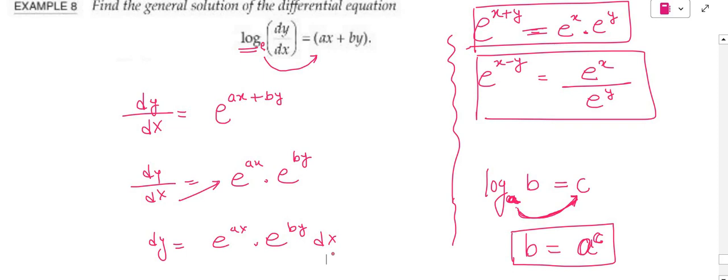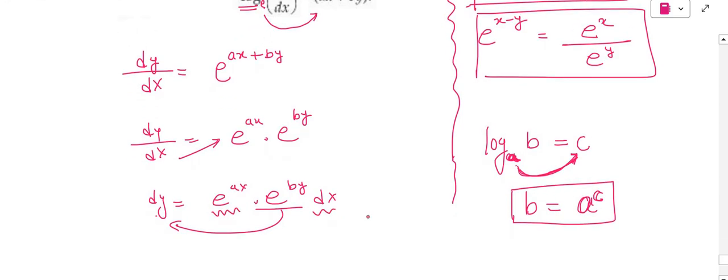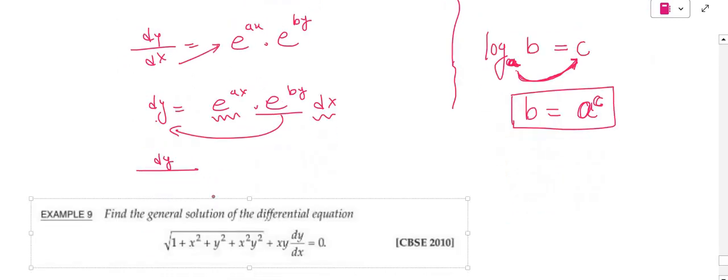Okay, fine. Till here. In this question, we are supposed to collect y terms with dy, this term, so we will bring it here, and x terms with dx. So this is okay. I will bring this side. So dy by e^(by) will go down, no?